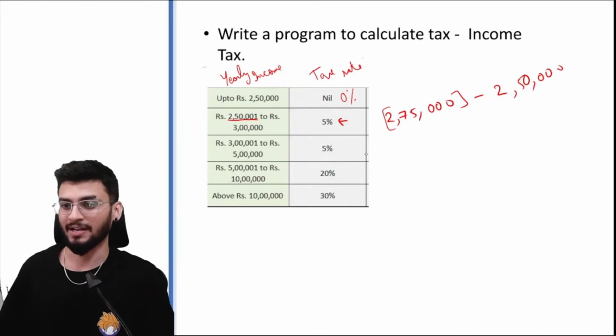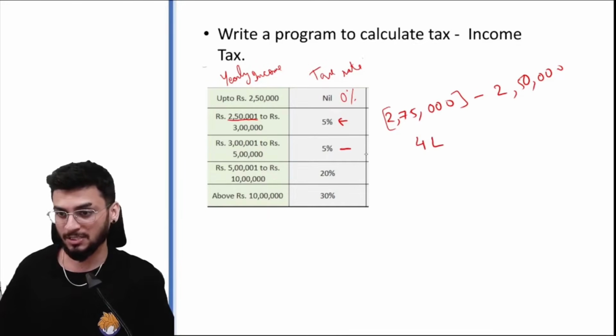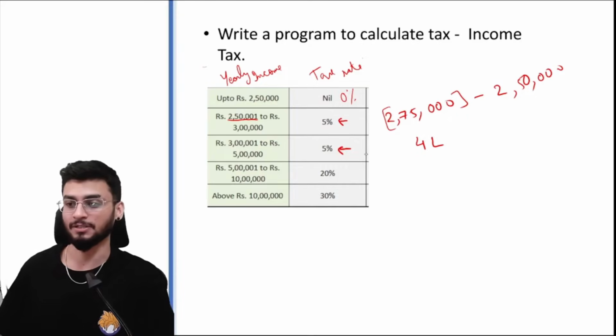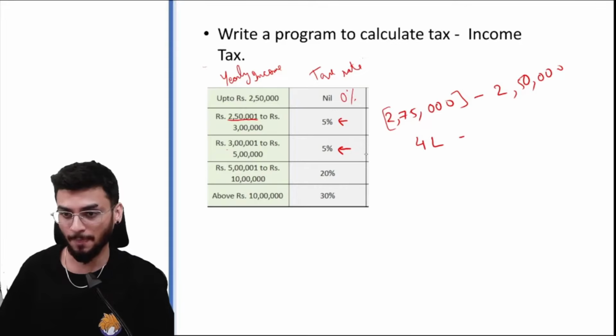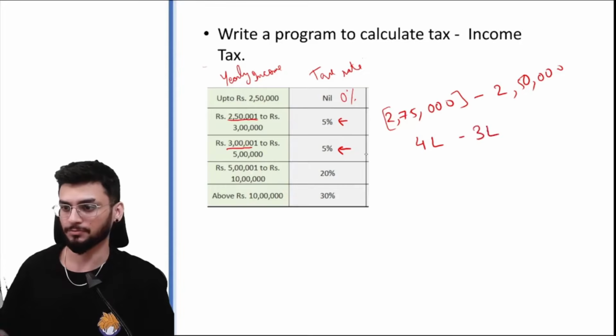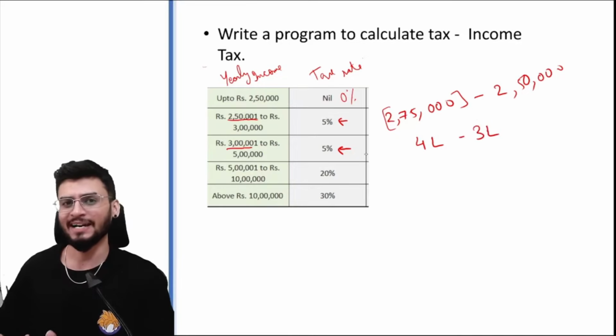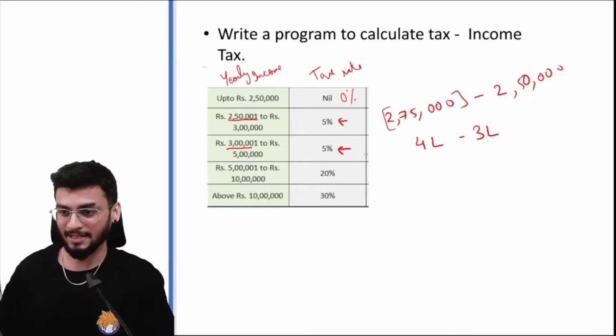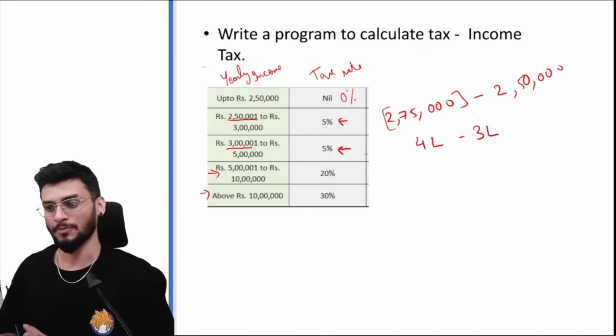Similarly, if I have income of about 4 lakhs, the tax percentage would be 5%, but the taxable income would be 4 lakhs minus 3 lakhs. So the amount of tax would be 1 lakh into 5%. Similarly, for all the other slabs, you calculate it accordingly. So how do we convert this into a Python program?